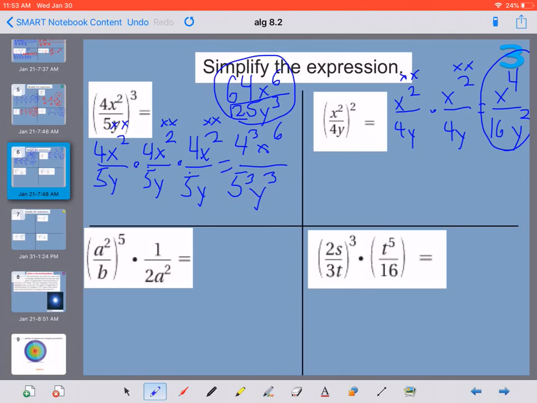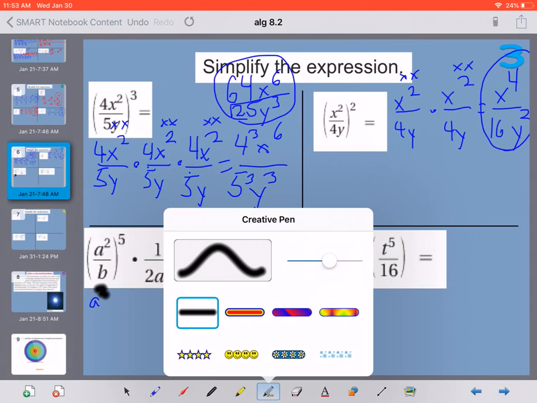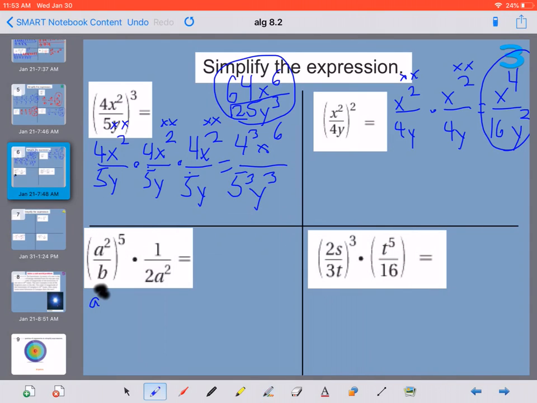Next one, we have 5 of these. So we have a squared over b times a squared over b times a squared over b. We're going to do that 5 times.